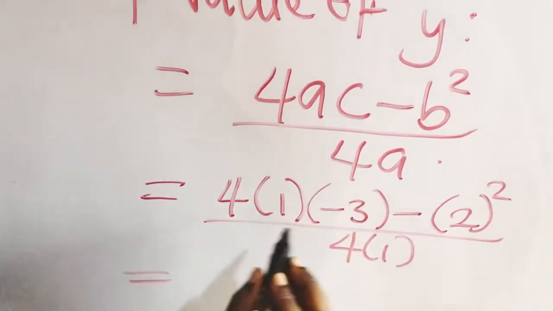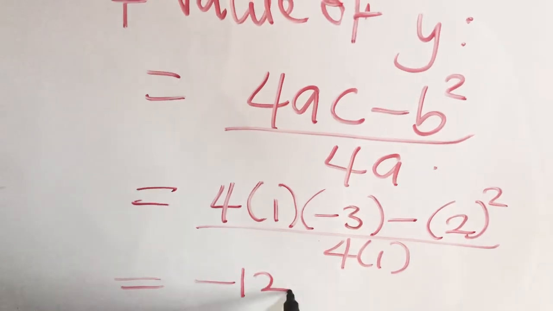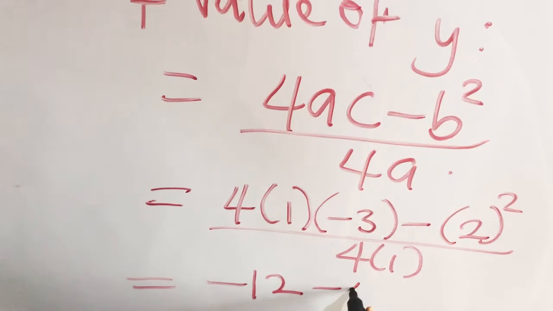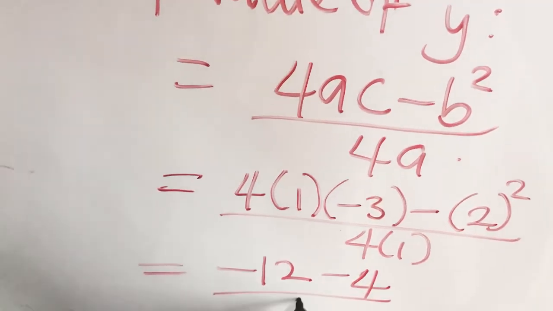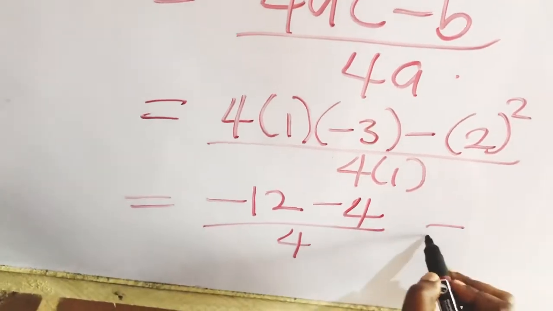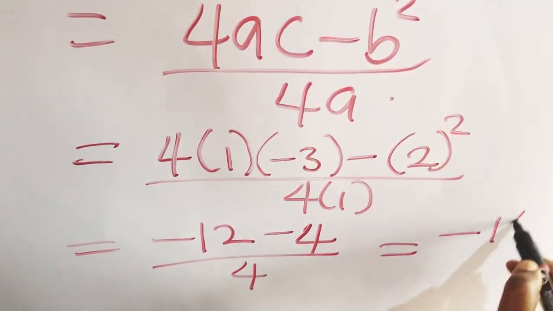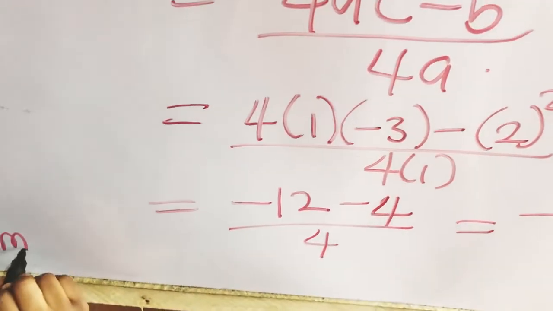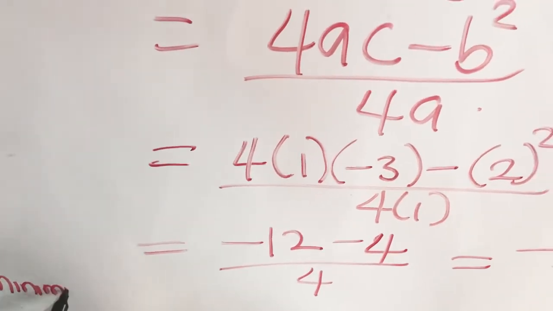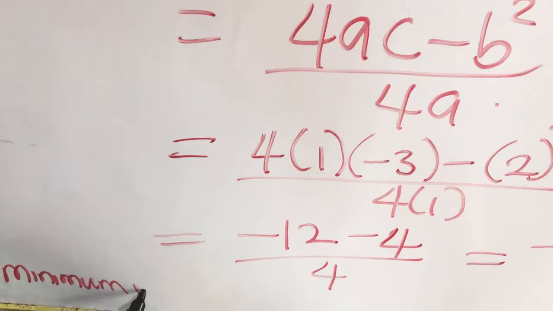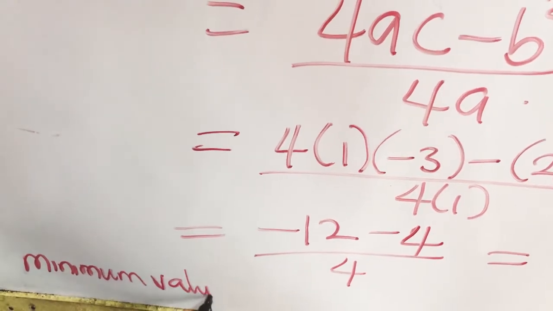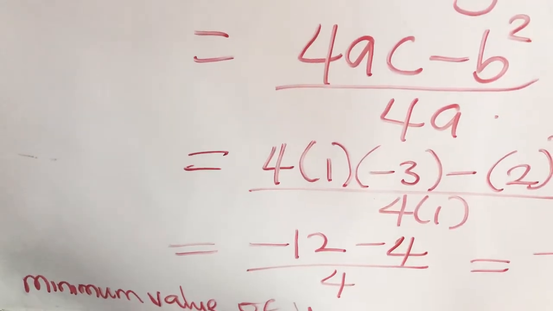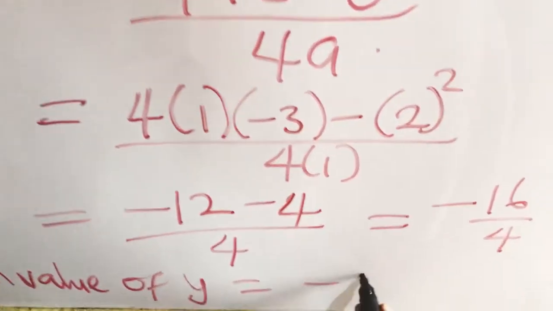So 4ac is equal to minus 12. Then 2 squared is 4, so minus 12 minus 4 over 4. This gives minus 16 over 4. So the minimum value of y will be equal to minus 4.